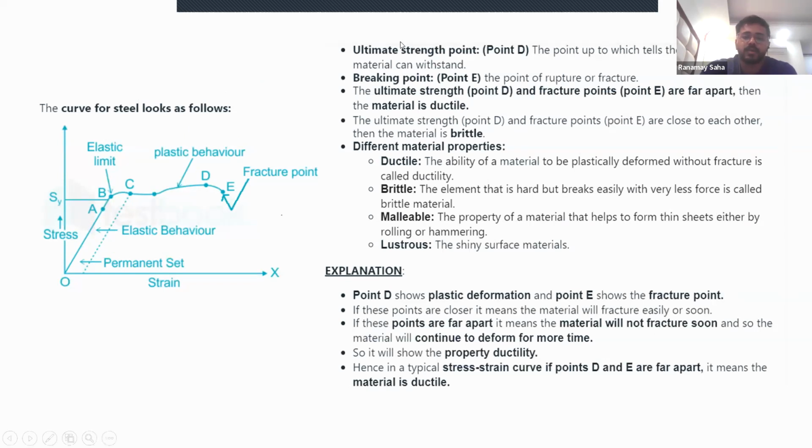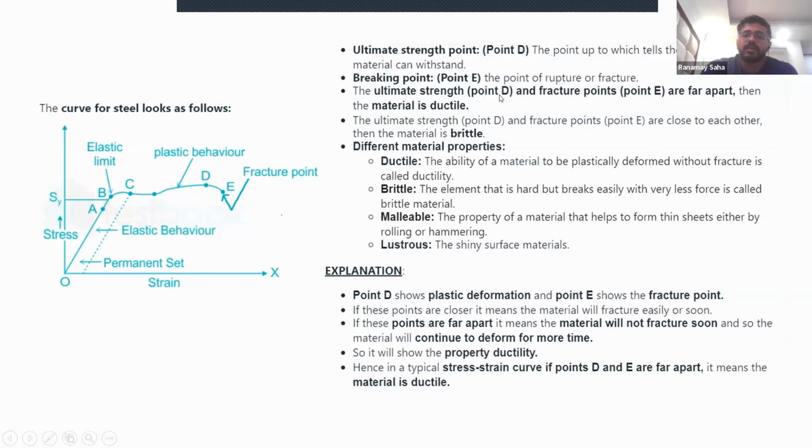I request you to kindly have a clear idea of this curve about the material behavior under loading conditions. You know what the ultimate strength point D is, where the maximum stress the material can withstand is reached. E is your fracture point or breaking point where the material finally fails.